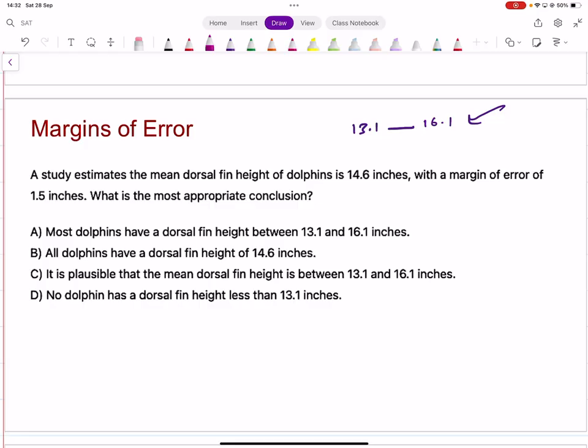Let's look at the options now. Can all of you read the options and let me know which one seems correct? C? Right?